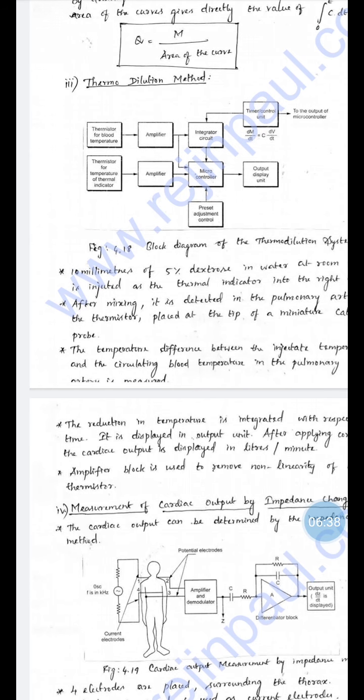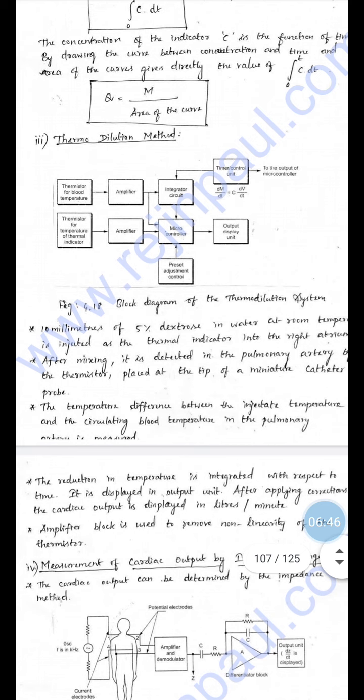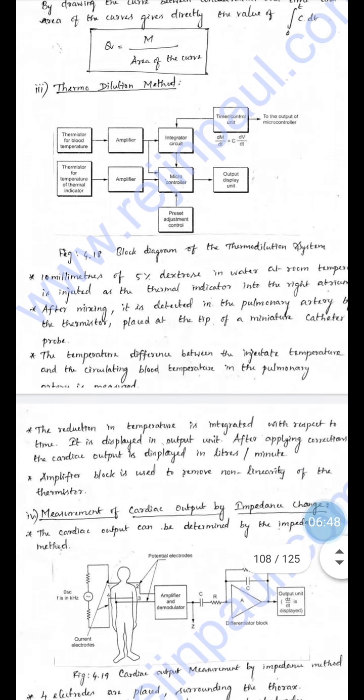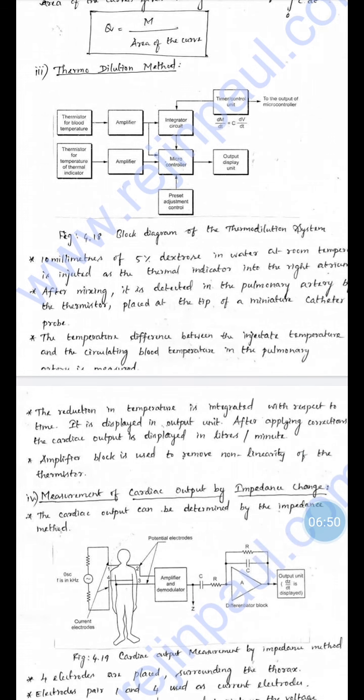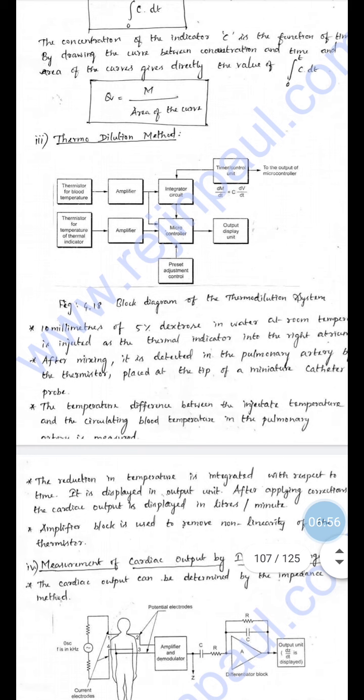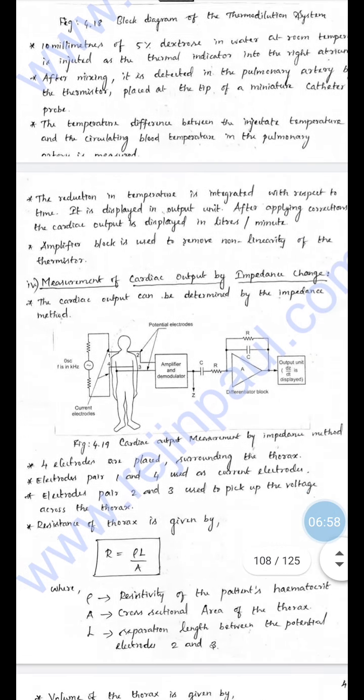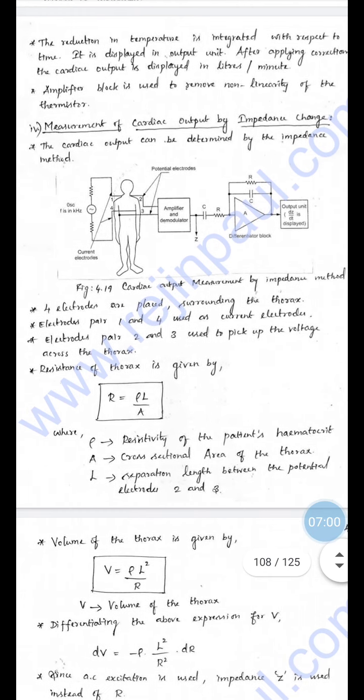So here some isotopes will be added, from which we can find the response after mixing. The response is amplified as shown in the block diagram, and then it will be compared with a reference signal, from which we can obtain the amount of cardiac output.